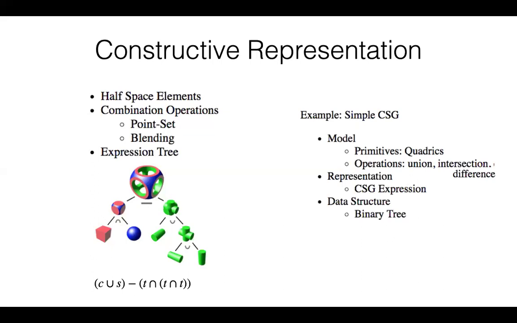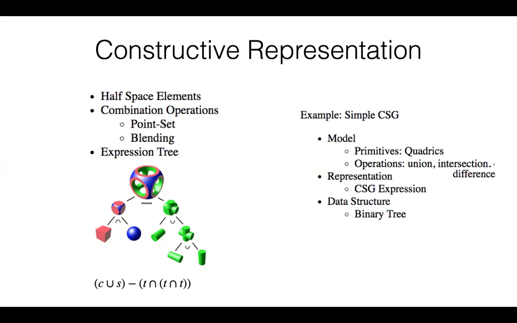And you see there is a correspondence between the CSG expression and the data structure. That's a binary tree because these operators are binary operators, right? And so the representation inside the system is this expression that is implemented as a graph that's a binary tree, right?